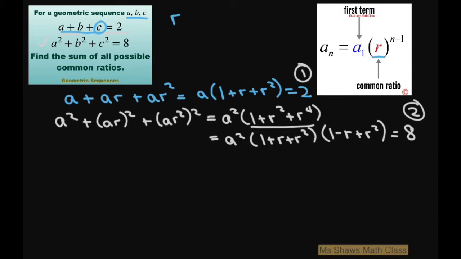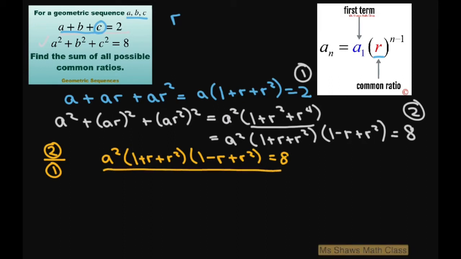So let's take equation 2 and divide it by equation 1. So we have a squared times 1 plus r plus r squared times 1 minus r plus r squared equals 8, divided by a times 1 plus r plus r squared, which equals 2.